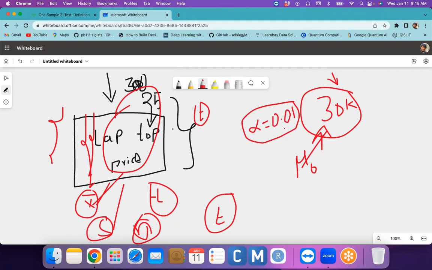So I'm considering alpha as 0.01. So the t value and the degree of freedom, with the help of these two values you calculate the p value. If this p value is greater than alpha, you should say that the price of this laptop could be 30k.